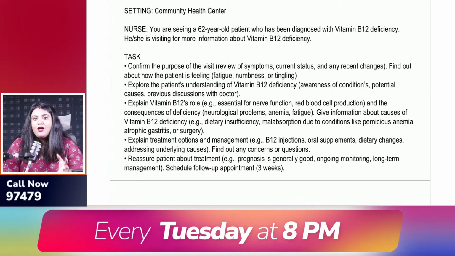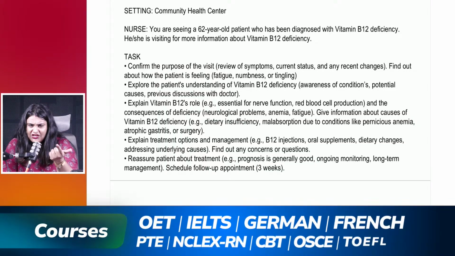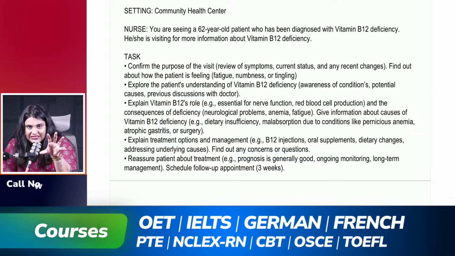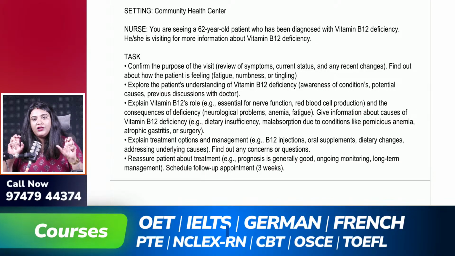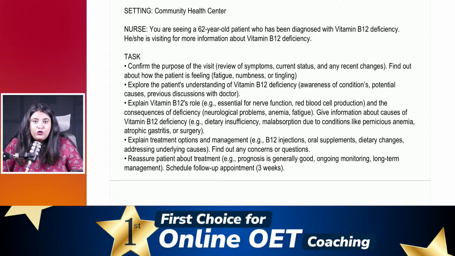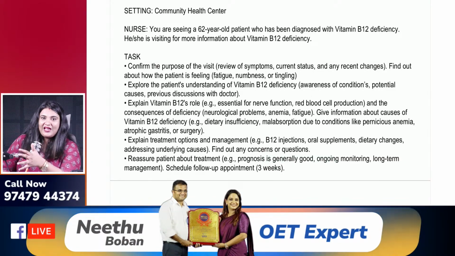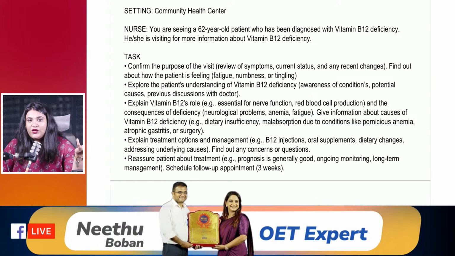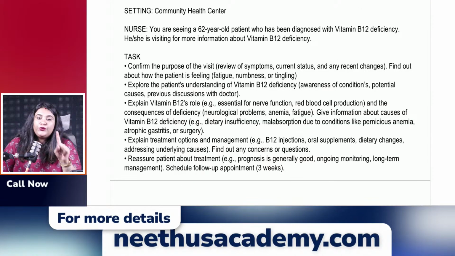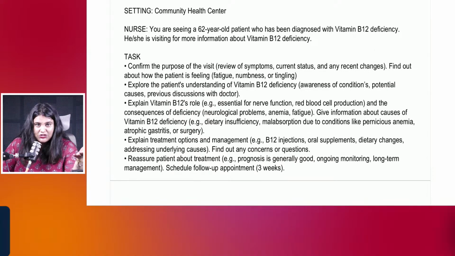That's also fine, because all these points, the current status, any recent changes, everything is understandable from a single word, which is follow-up. Why do we have follow-ups? We do have follow-ups to check whether everything is all right, or whether everything is going as expected, whether the treatment is going well. So you do not have to explain each and everything here and waste your time.